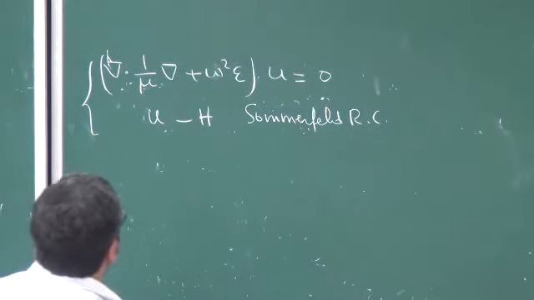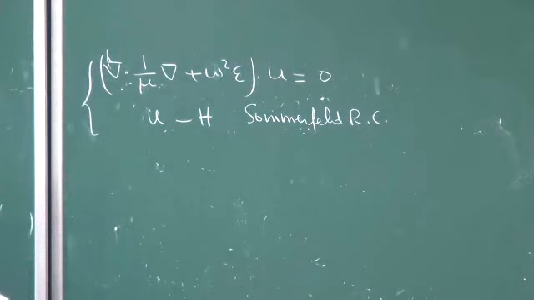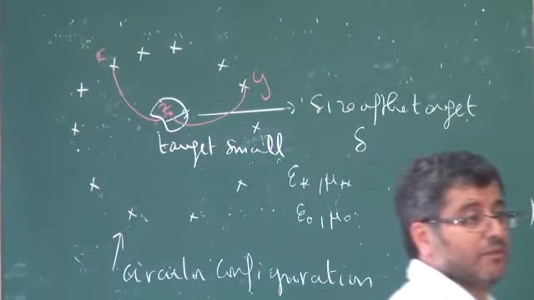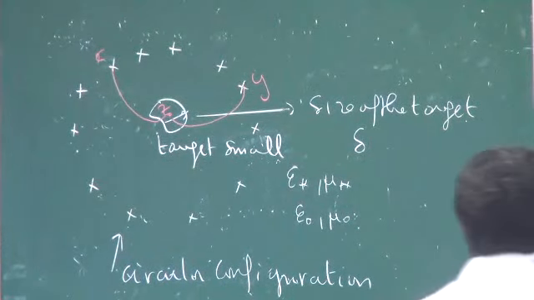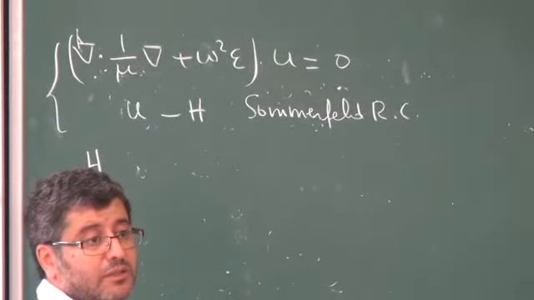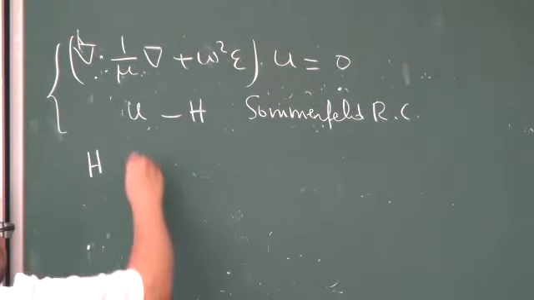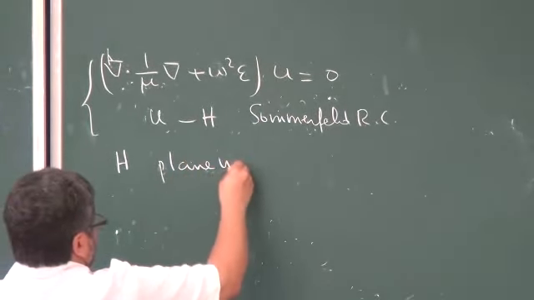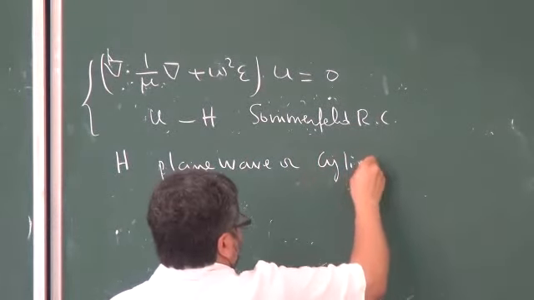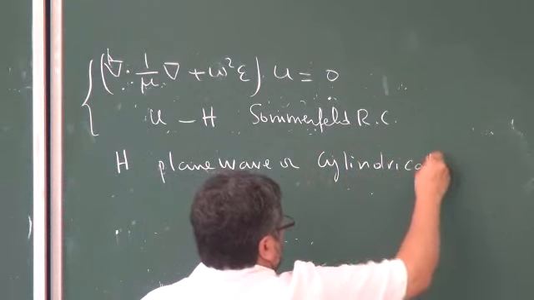Mu and epsilon are mu star and epsilon star inside the target, and mu 0 and epsilon 0 outside the target. And what's h? It's like yesterday: a particular solution of the Helmholtz equation. Either a plane wave, or a cylindrical wave in dimension 2, or a spherical wave.